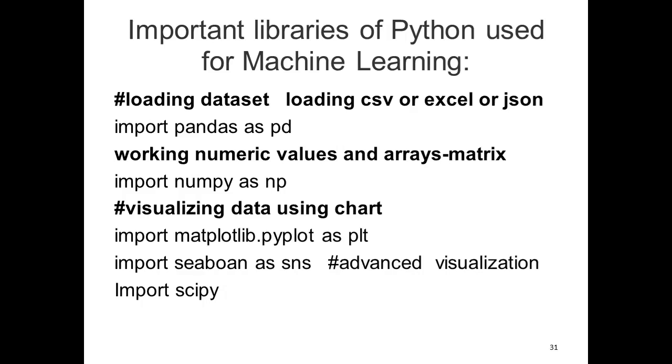You can use the syntax for importing packages: import, then pandas, which is the library name, as pd for easy understanding. You can use the shorter name pd. You can use any variable name here, but normally for clear understanding we use the short name pd for pandas.